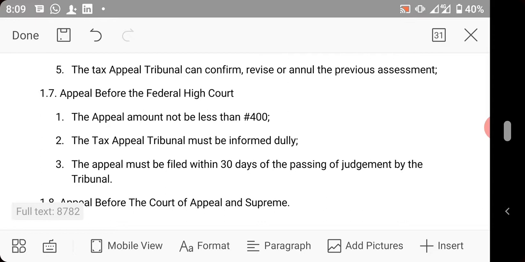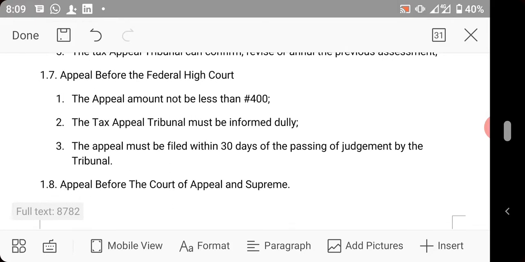The tax appeal tribunal must be duly informed. The essence of this information is to enable the tax appeal tribunal to transfer your case file to the federal high court for proper hearing. The appeal must be filed within 30 days of the passing of the judgment by the tribunal. As I told you at the beginning of the class, you have a maximum period of 30 days to file your appeal.